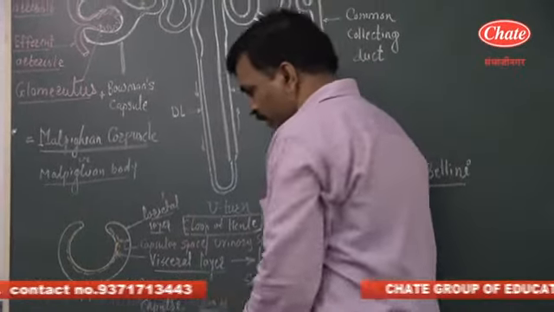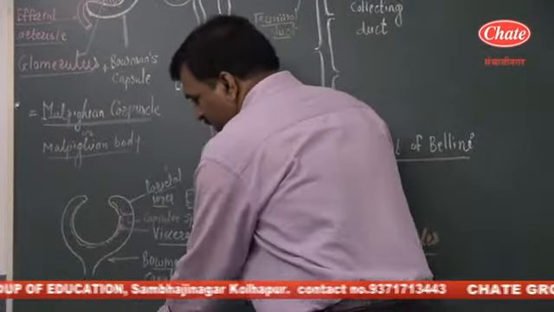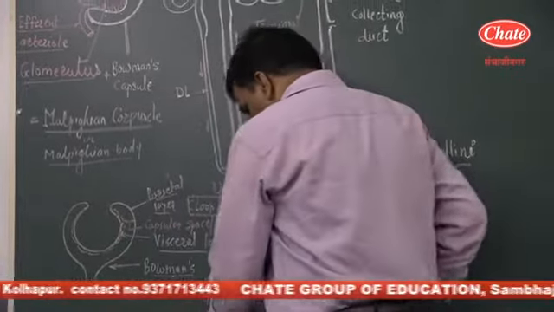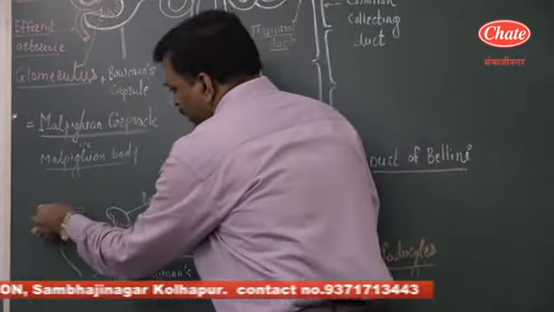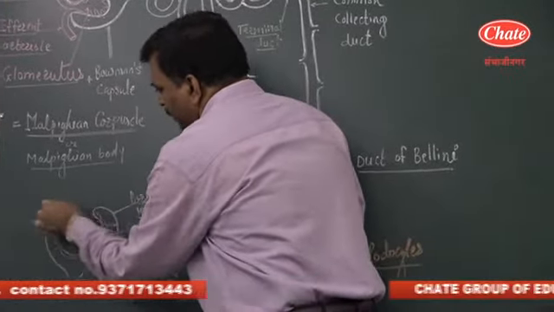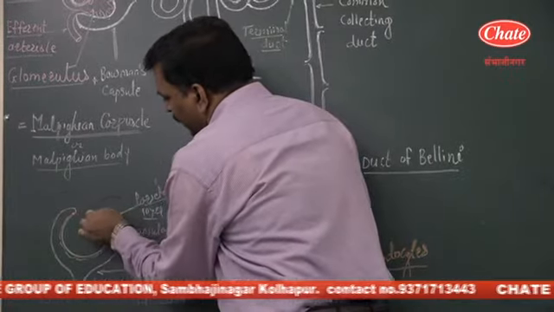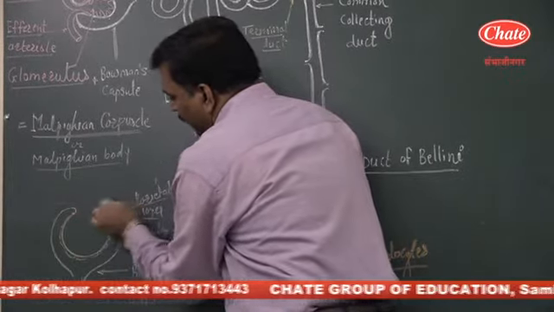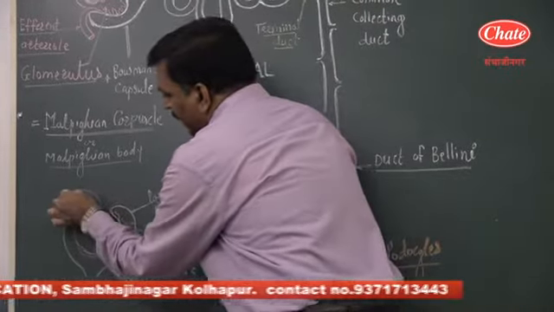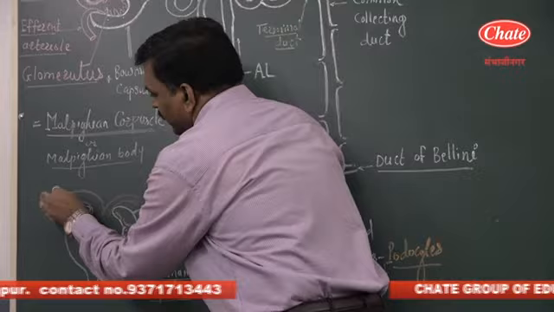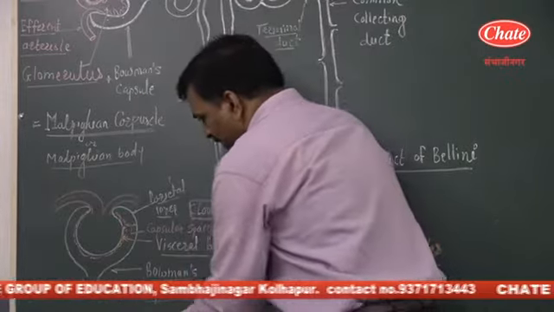This Bowman's capsule forms a cup-shaped cavity, in which a mass of blood capillaries is situated, which arises from the afferent arteriole, and leaves the Bowman's capsule as the efferent arteriole. This is termed the afferent arteriole.